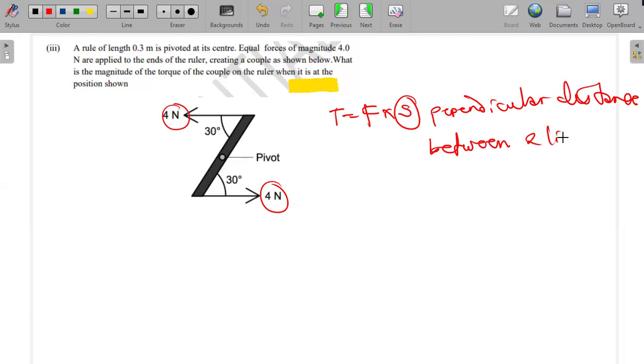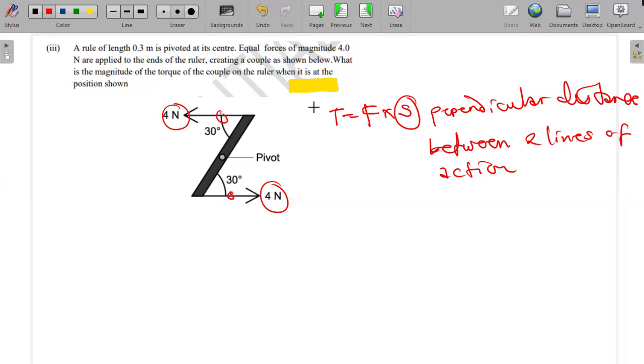Which means between that line and that line, the perpendicular distance between these two is the distance that we're going to put there. Whilst F, of course, is just the magnitude of one force, since the two forces are similar and just opposite in direction.